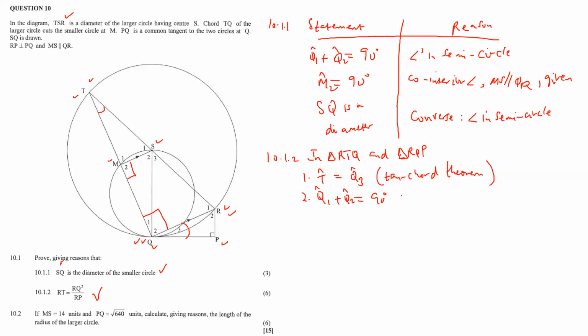We can make the observation that Q1 plus Q2 is 90 degrees. You can say obviously it is an angle in a semicircle.